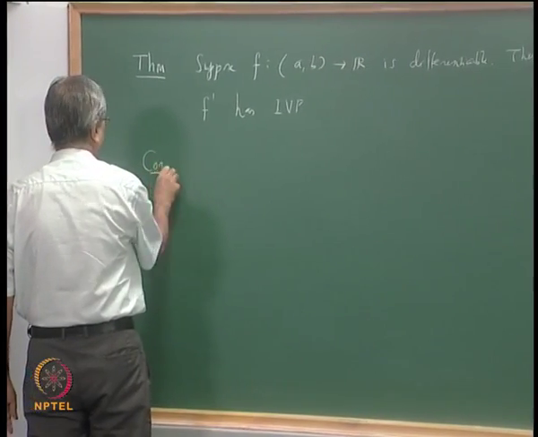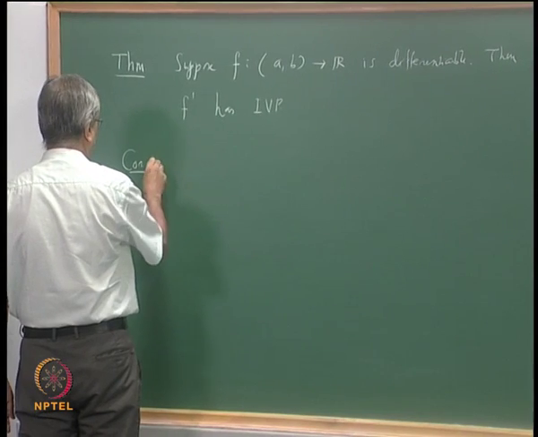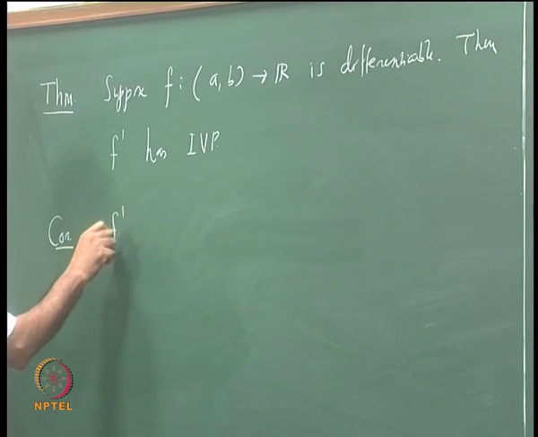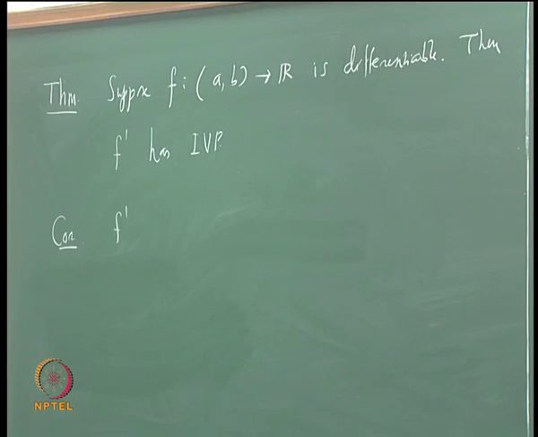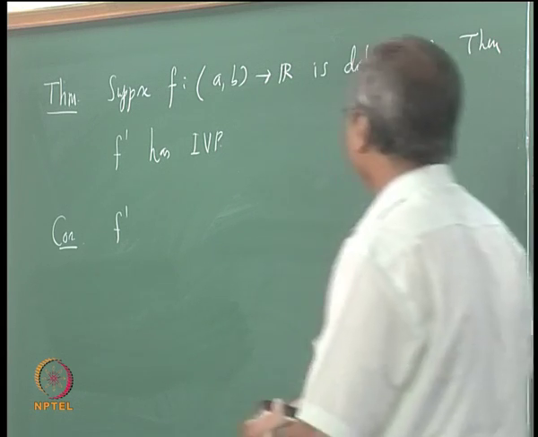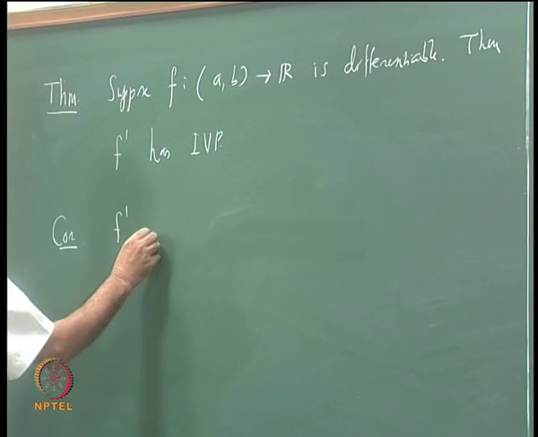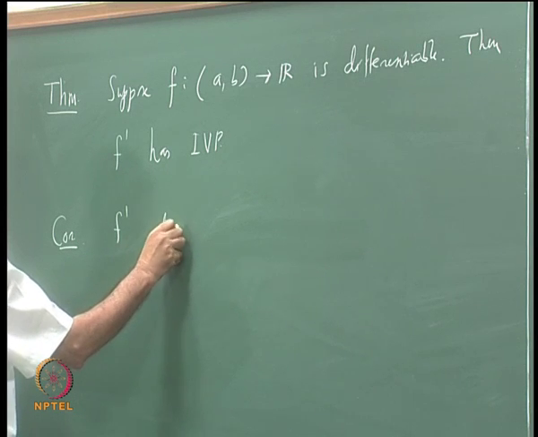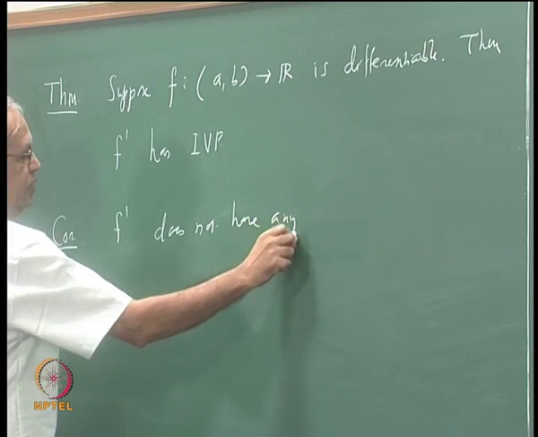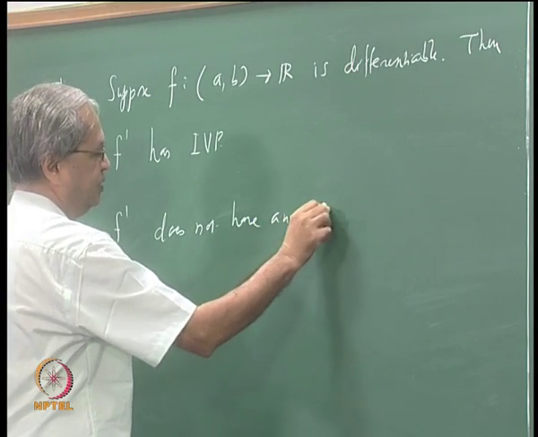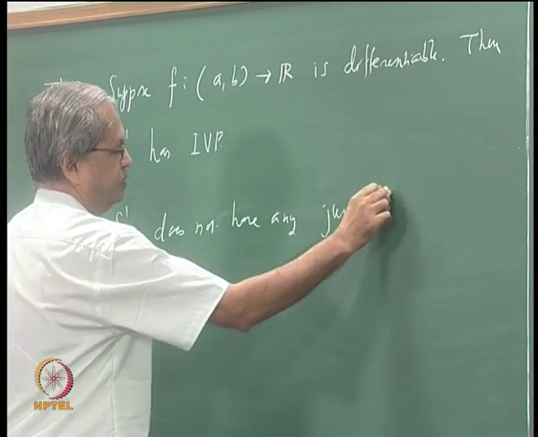Okay. Again we have the same hypothesis, then f prime does not have any jump discontinuity.